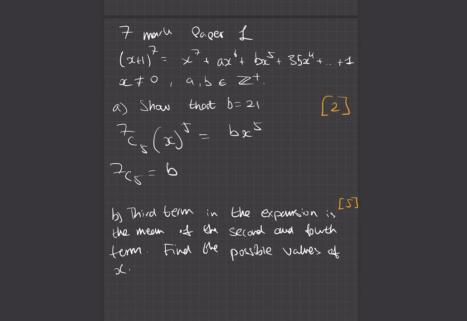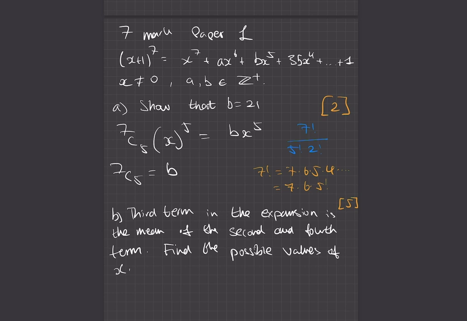Now the difficult part is evaluating this. So 7 choose 5, just going to do this on the side, is 7 factorial over 5 factorial times 2 factorial. But as we know, 7 factorial is just 7 times 6 times 5 times 4 all the way down. But that's just 7 times 6 times 5 factorial, right?